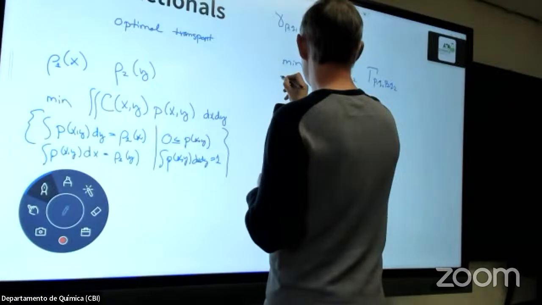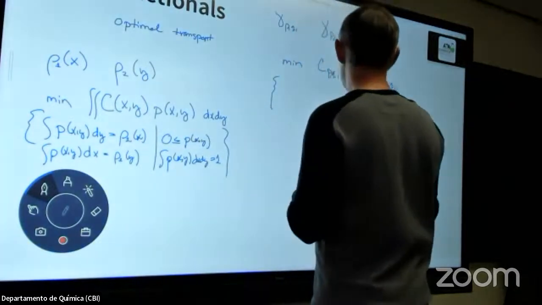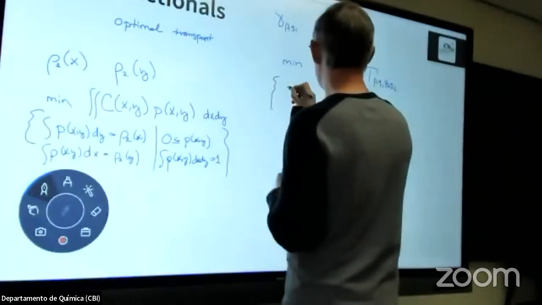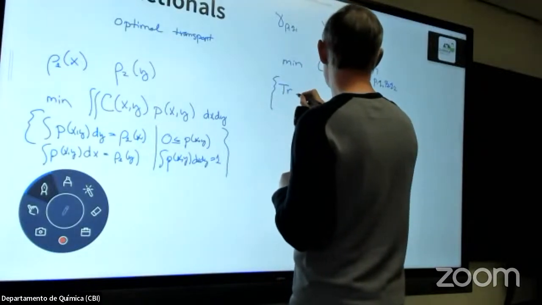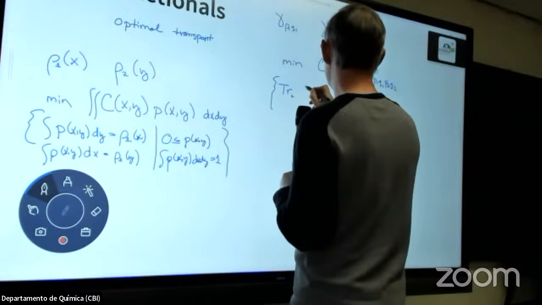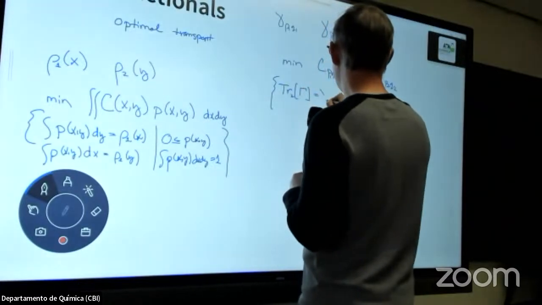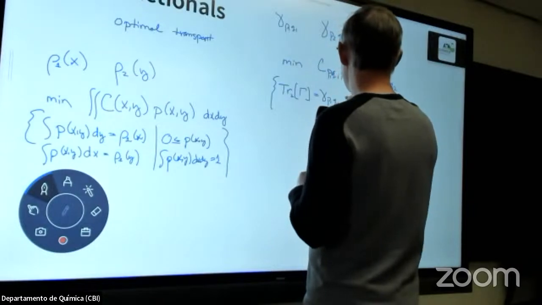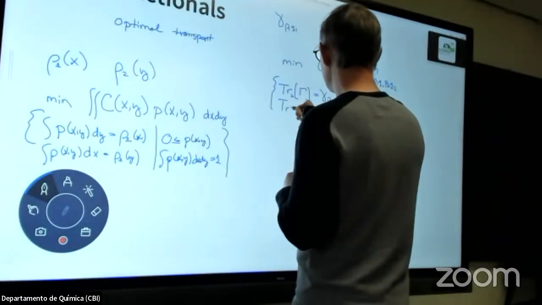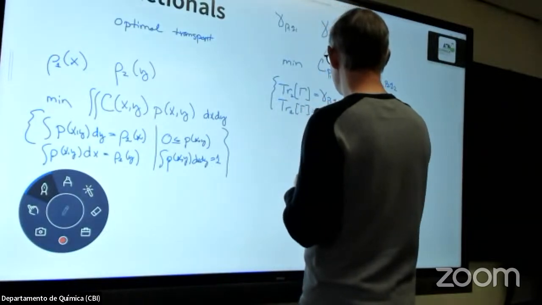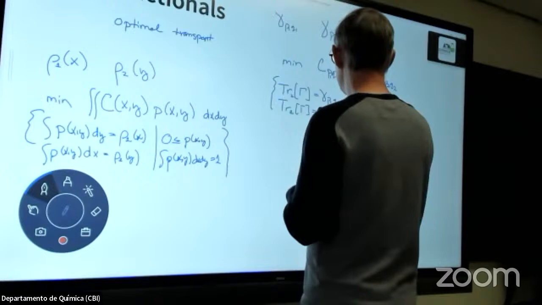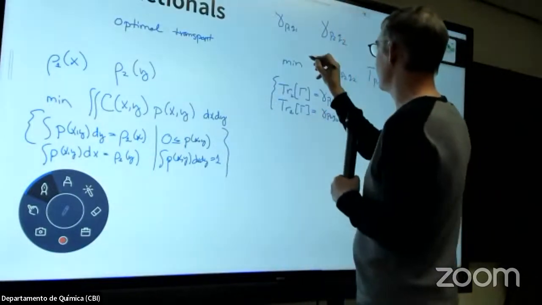I'm going to minimize it subject to a constraint that the trace over 2 of gamma is given.